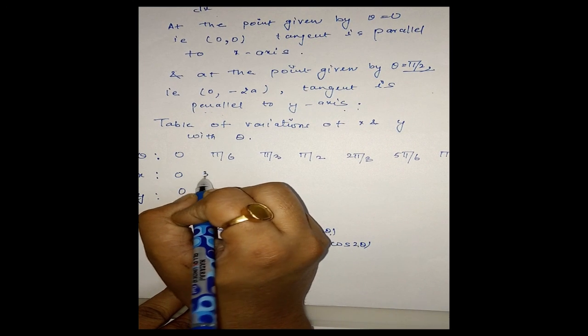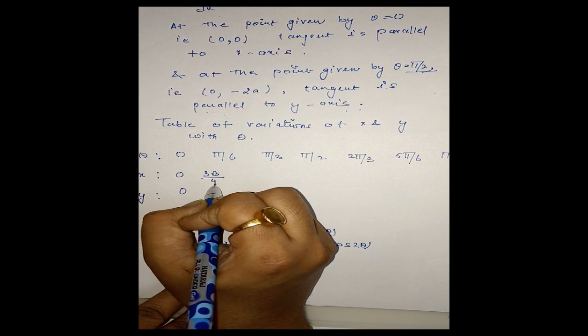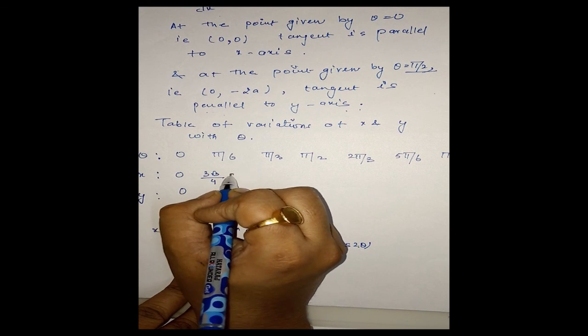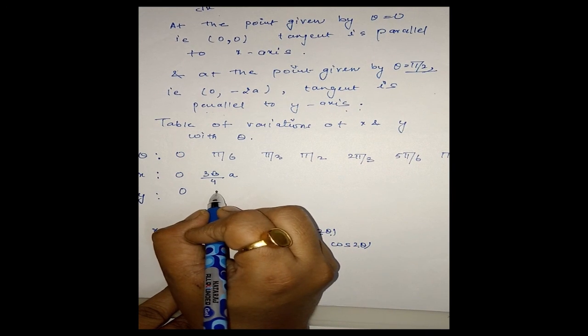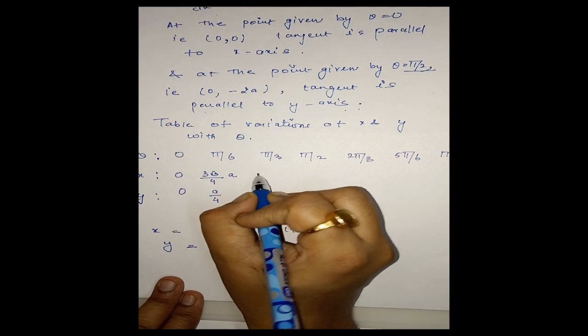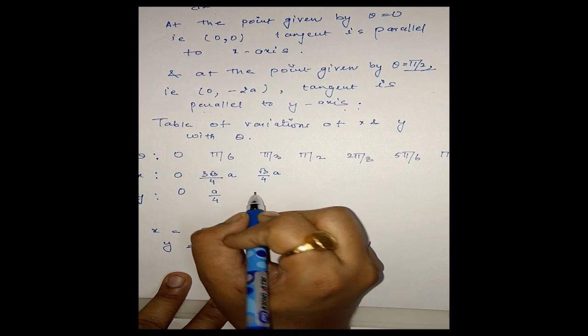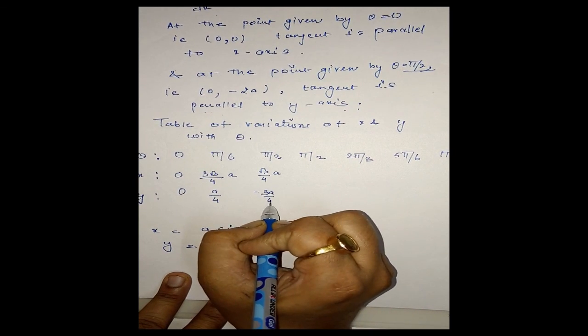On substituting values, I get the table: 3 root 3 by 4 a and a by 4, then root 3 by 4 a and minus 3a by 4.